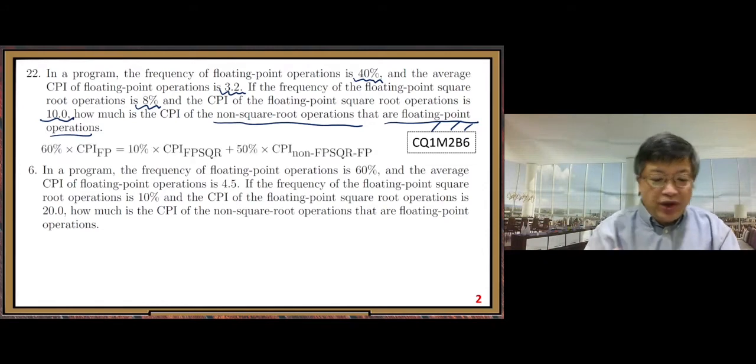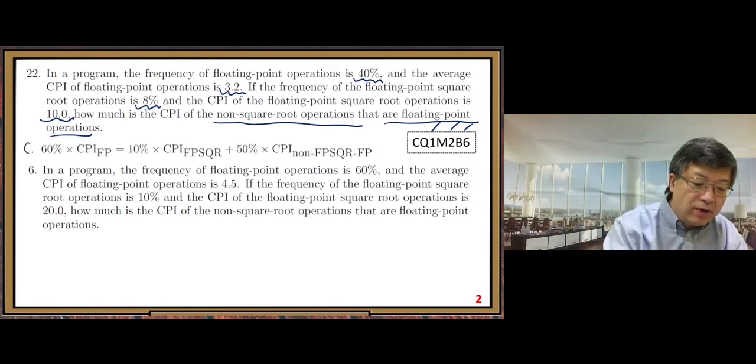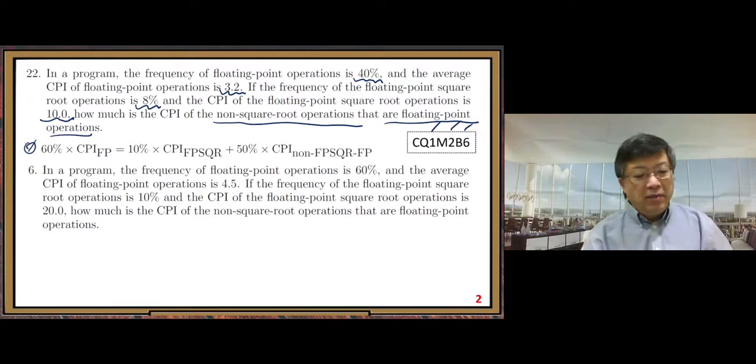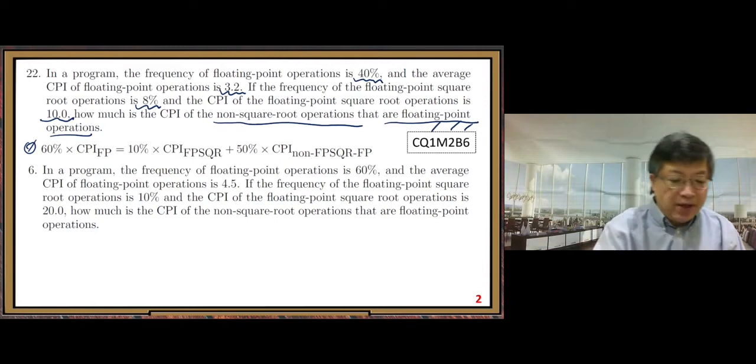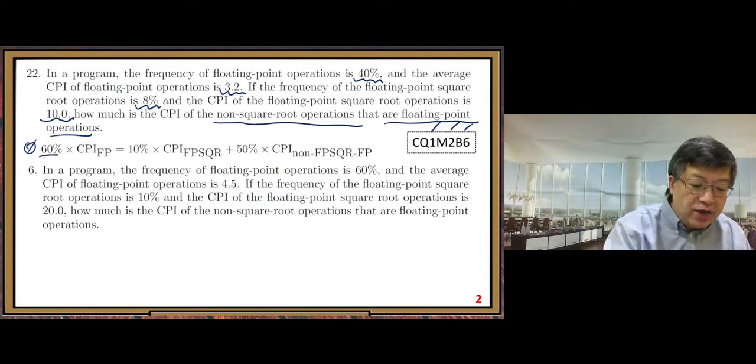In our solution, we use this formula. But this formula, I want to explain a little bit. Because here you can see we use the frequency of floating point here, 60%.